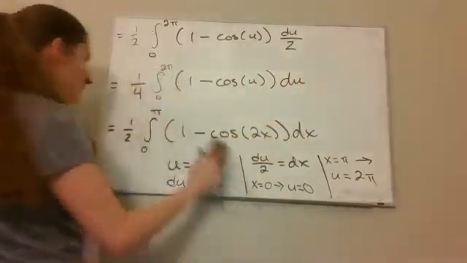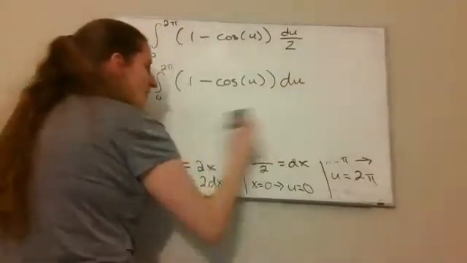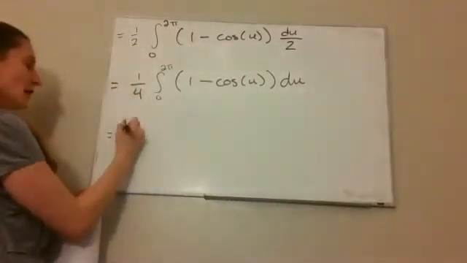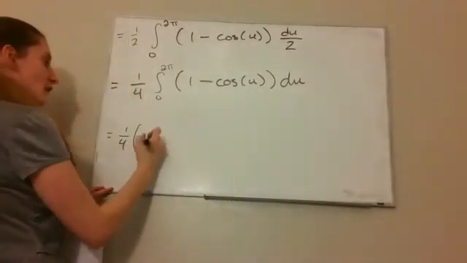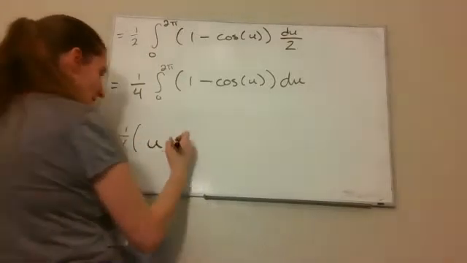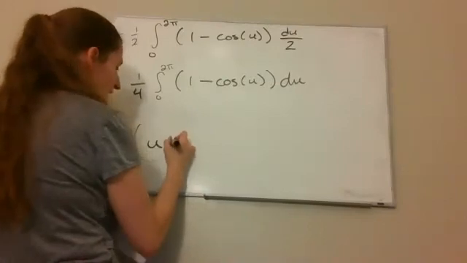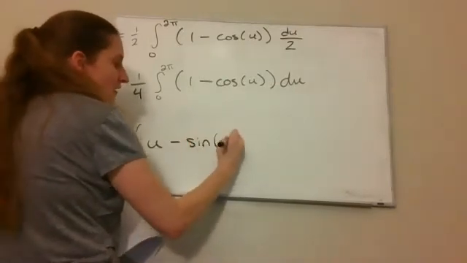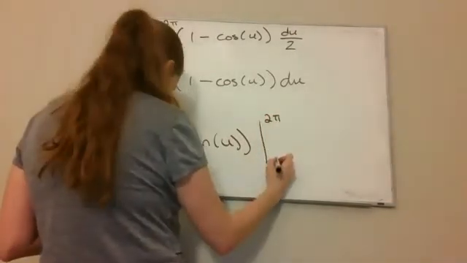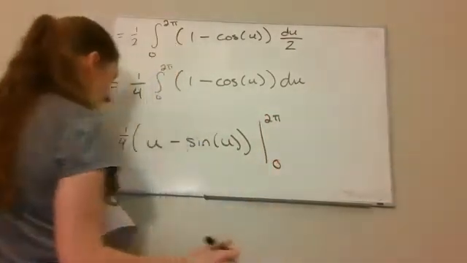And now this we can do just with our standard antiderivative rules. I get my 1/4. Antiderivative of 1 will be u. Antiderivative of a minus cosine is going to get me a minus sine of u. Then I just have to plug in my 2 pi and plug in my 0.